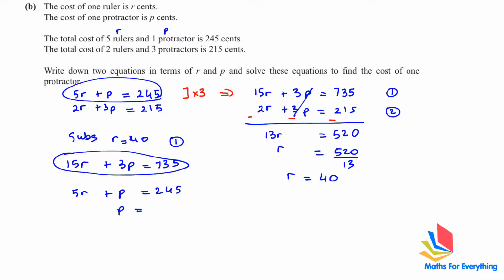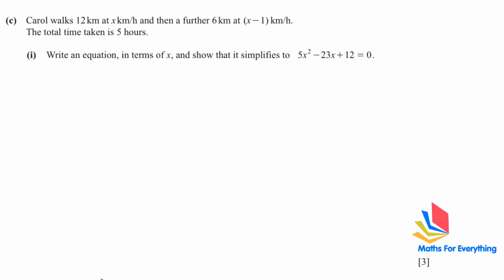If you want to find P, you will move the 5R to the other side. It will become negative 5R. Replace the R with 40, and you will get the answer 45. So P is 45 and R is 40.